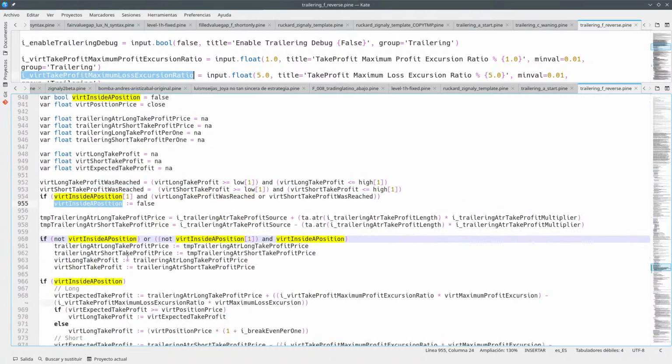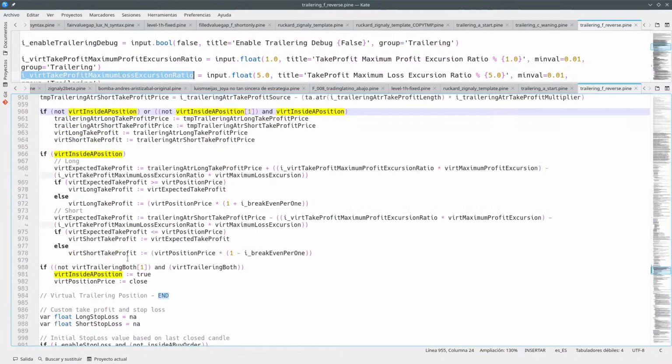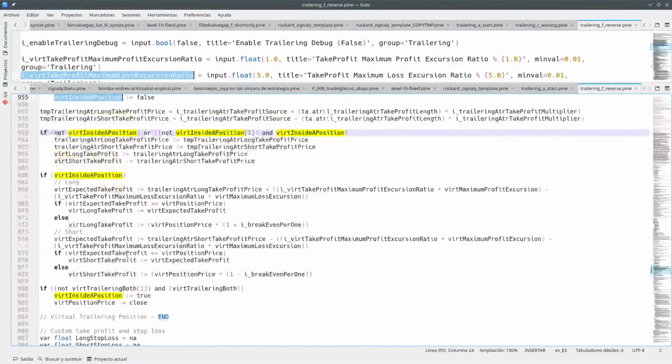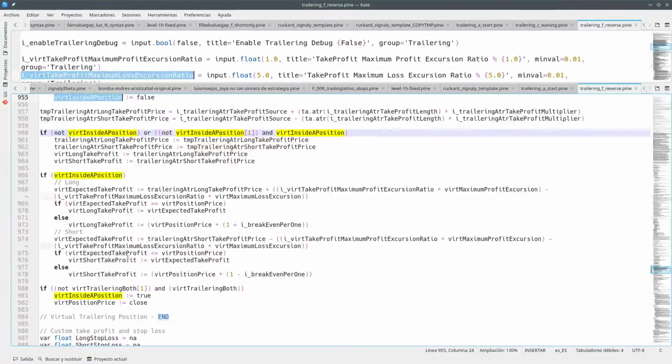That's a good question. Are we inside the position? It depends on... Oh, this is going to be nuts. Look at that. We depend on this super strategy to know if we are inside a position or not.